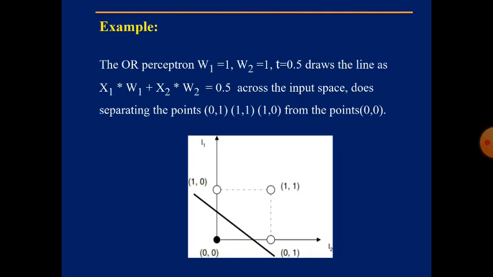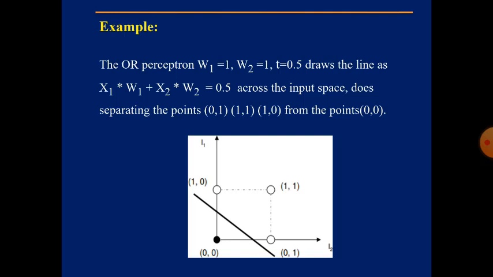So 0 into 1 plus 1 into 1, we will get 1. So 1 is greater than the threshold value 0.5, so it is on one side. So 0, 1 is here. And if you take 1 comma 1, 1 into 1 plus 1 into 1, we will get 2. 2 is greater than 0.5, so 1 comma 1 is also lying on the same side, the right side.